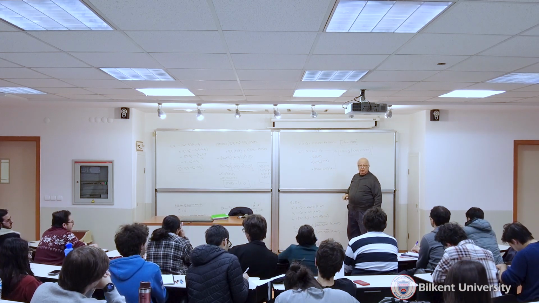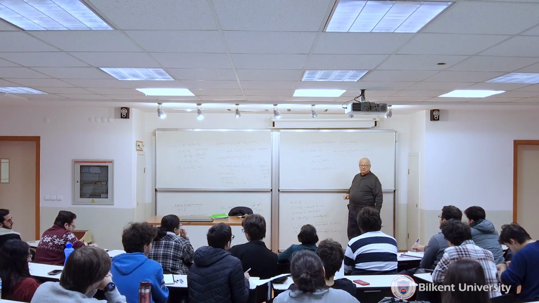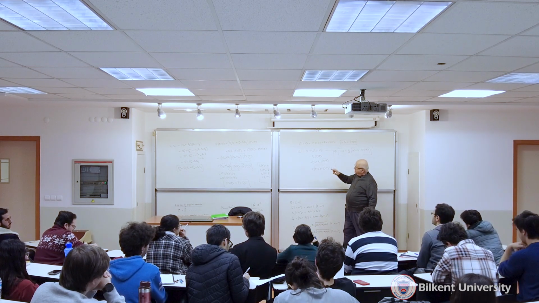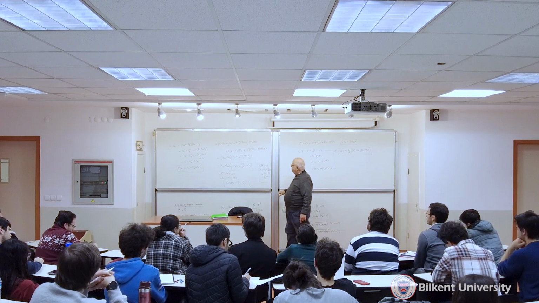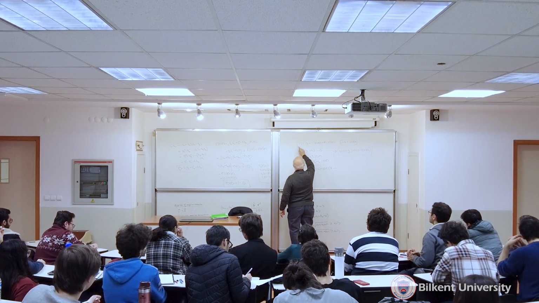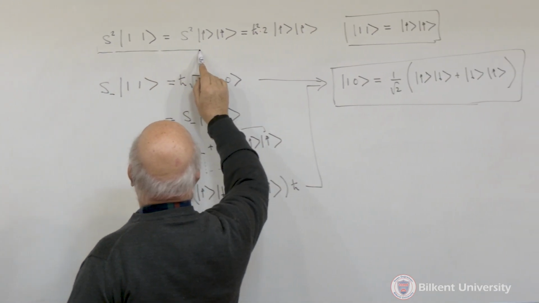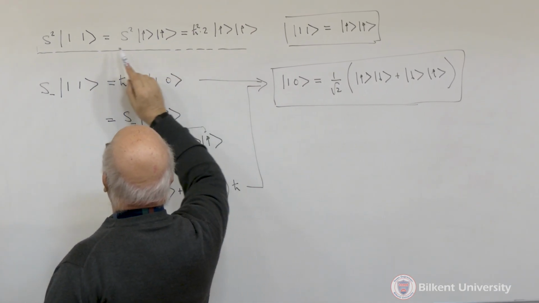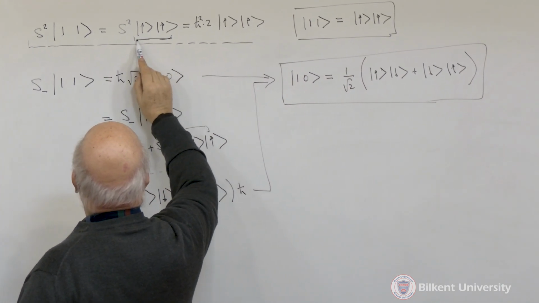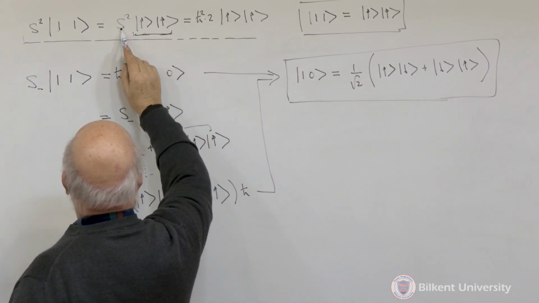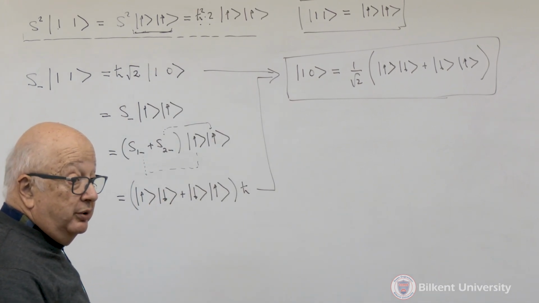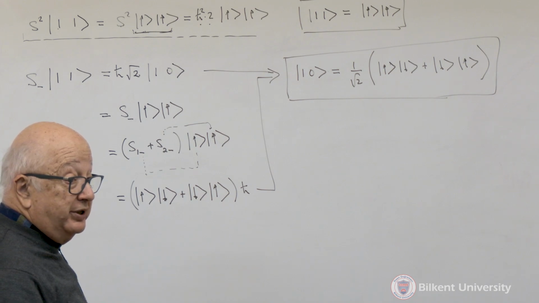Then how does 1, 1 correspond to up, up? That is because, over here, S squared operating on 1, 1, we went through this algebra and found out that this quantity, up, up, is an eigenstate of S squared with the correct eigenvalue, which corresponds to S equals 1.